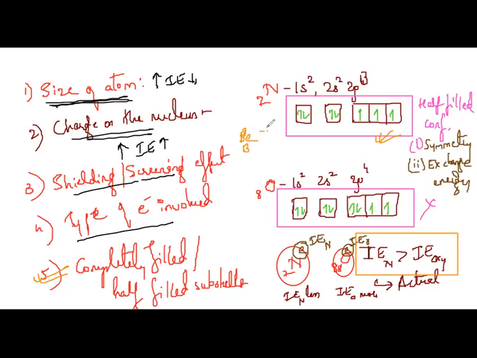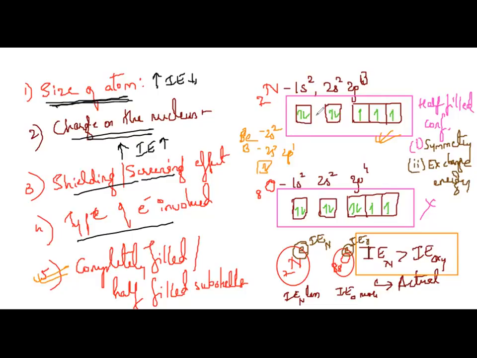Beryllium has the configuration 2s2. Boron has 2s2 2p1. Correct? So the ionization energy of beryllium is more than boron because beryllium has the 2s2 configuration, in which the outermost shell is fully filled.